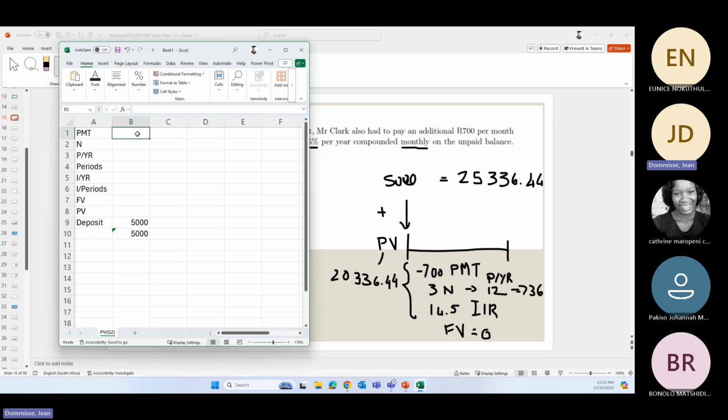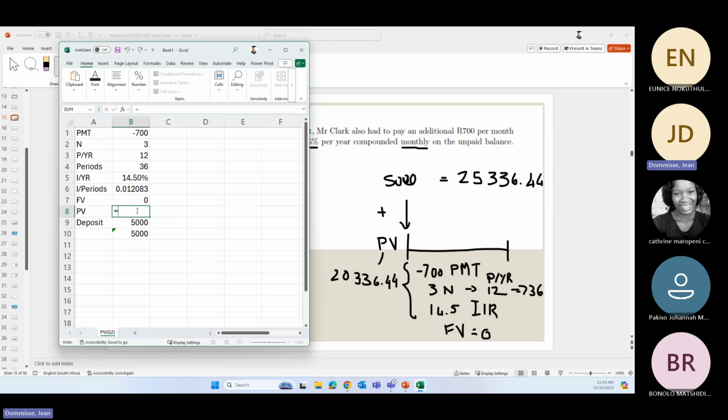So PMT was minus 700. N was 3 times per year, so that is equal to 3 times 12, which is 36. Our interest rate was 14.5%. The interest for the period is that. Future value was 0.